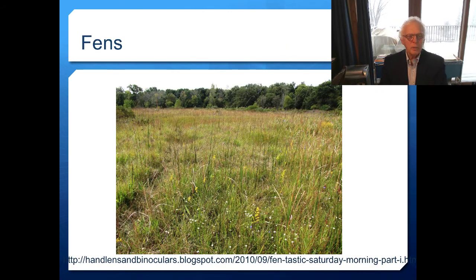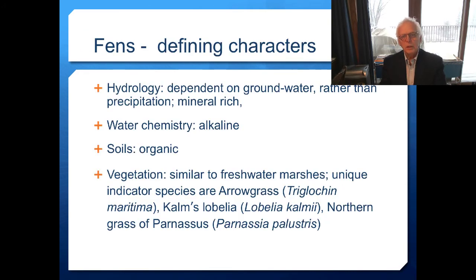The next type of wetland that I want to talk about would be a fen. Fens are fairly special little wetlands whose hydrology is that they're dependent on groundwater rather than precipitation. So because of this, they tend to be really mineral rich. The water chemistry tends to be alkaline because there is a lot of alkalinity brought in, that is to say calcium, magnesium carbonates.